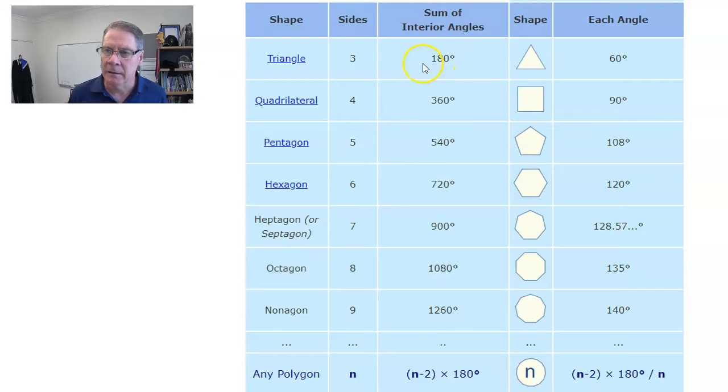So the sum of all the angles inside is 180 degrees in the triangle, and in the square it's 360, 4 lots of 90. Okay, yep, I can see how that's a right angle, 90 degrees and so on. Is there a pattern there? And then a pentagon's 5. Are those a multiple of anything?